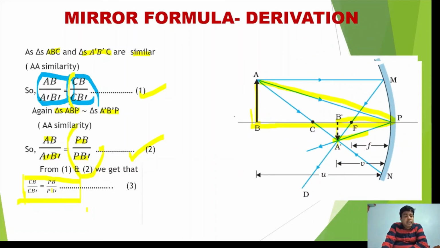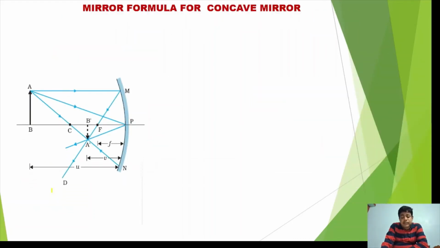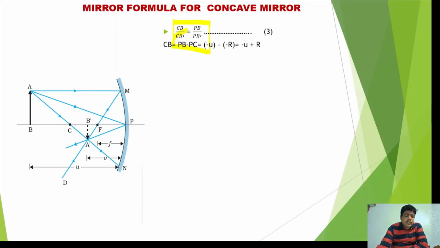Is it clear? Pay attention once again. Here CB by CB' is equal to PB by PB'. And what is CB? CB is PB minus PC.